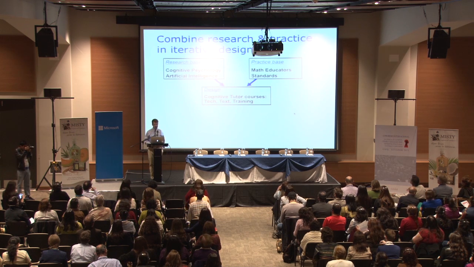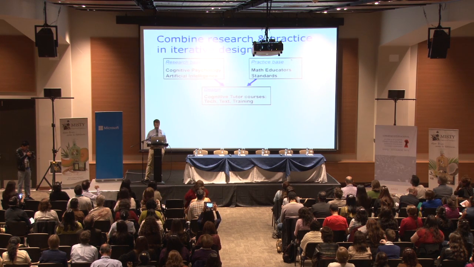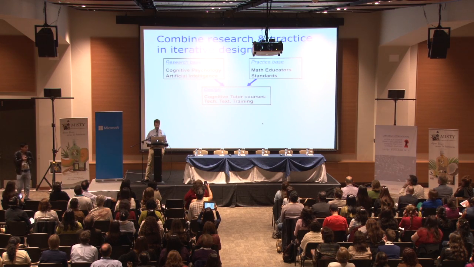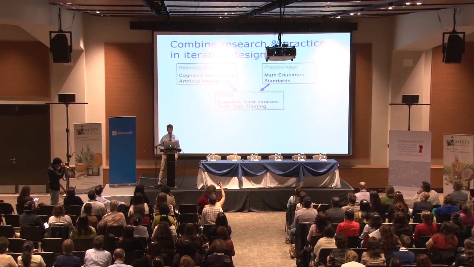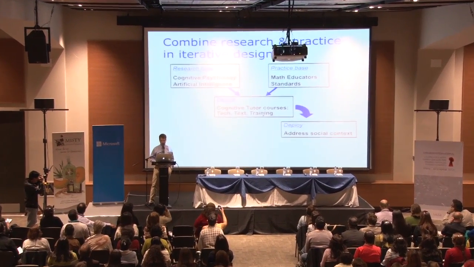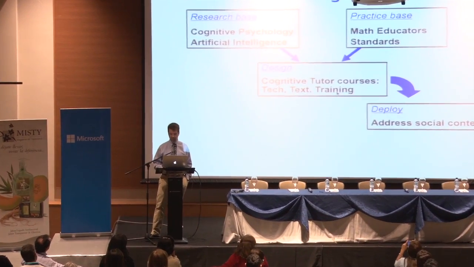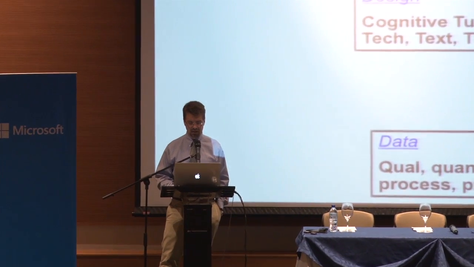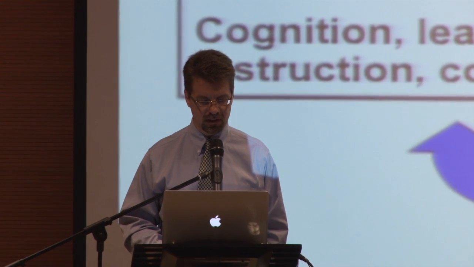So key to this approach is combining a research base and an interaction with practitioners in the field, math educators, mathematics teachers, the standards, and so forth, and pursuing this iterative process of designing not just technology, but text materials, teacher professional development training, as well as the technology, deploying that, paying particular attention to the social context of use of those technologies, collecting lots of data, process data, outcome data, qualitative and quantitative data, and using that to make discoveries that then can feed into redesigns.